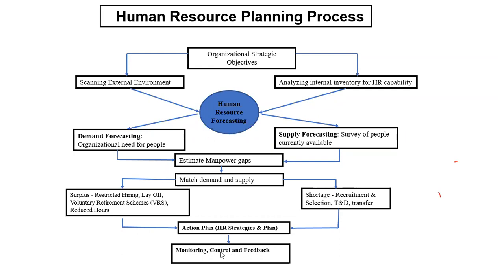Because in controlling, what happens is that we are basically comparing the actual performance with set standards, so that if there is any deviation, you can intervene to make the right input. And the last component of the monitoring is where the feedback that is gotten from the monitoring is implemented into the HR planning process.